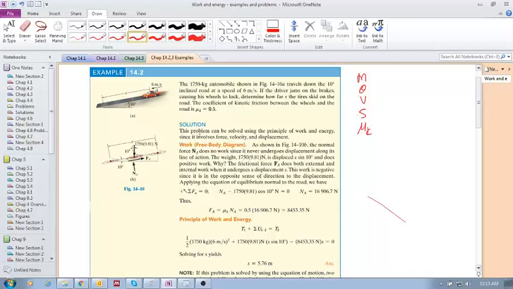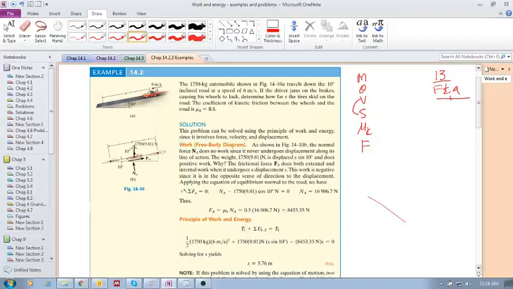So look at this very important statement. Now, how are you going to solve this? Well, you could actually solve it using chapter 13, force and acceleration. We'll see that in a minute, because we've got force information, there's a friction, and mass. But because we've got force, velocity, and displacement in this problem, we can use the principle of work and energy.